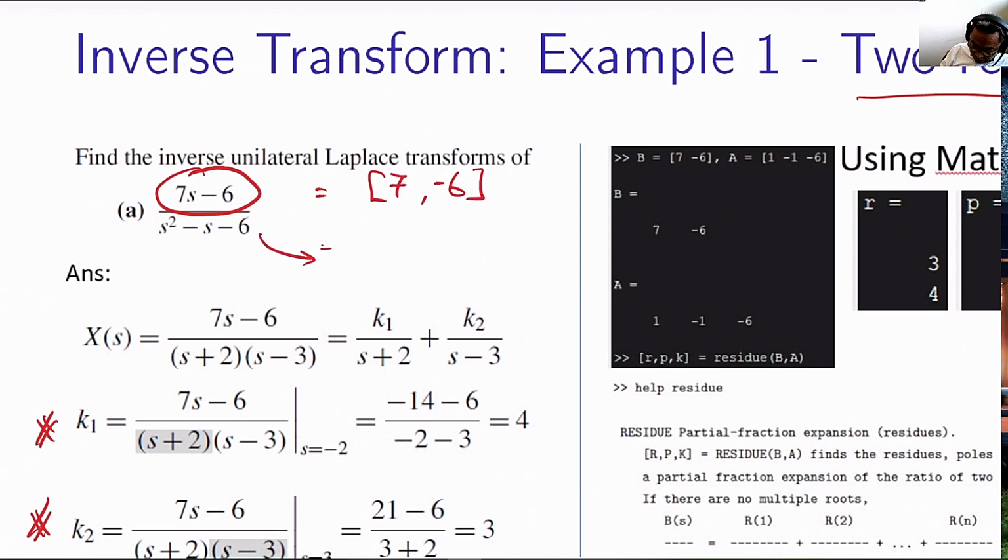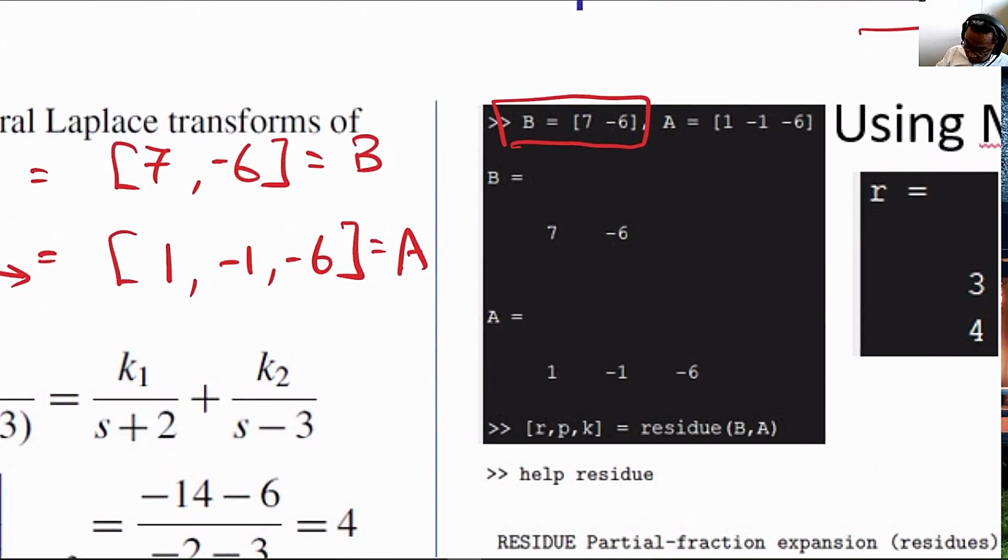And the other one is 1, minus 1, minus 6. So we call this typically the B, and this is the A. So B is 7 and minus 6, and A is 1, minus 1 and minus 6.